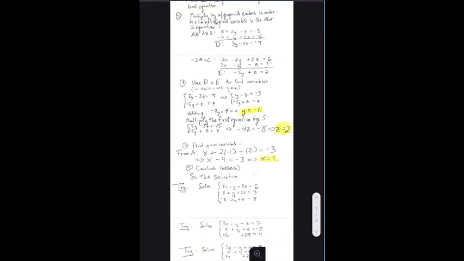We should check that as an answer. So how do we do that? We plug it in each of the three equations in turn. So 1 plus negative 2 is negative 1, minus 2 is negative 3. Negative 1 minus 1 is negative 2.